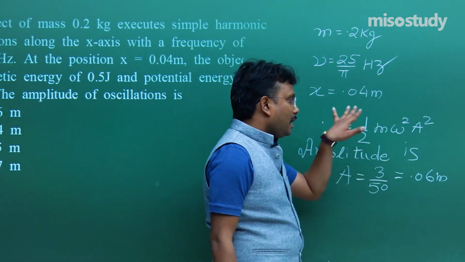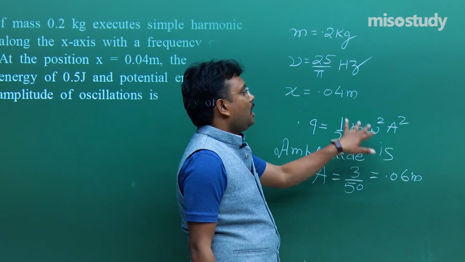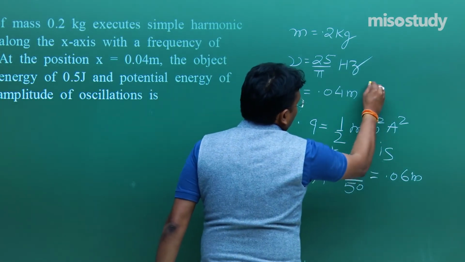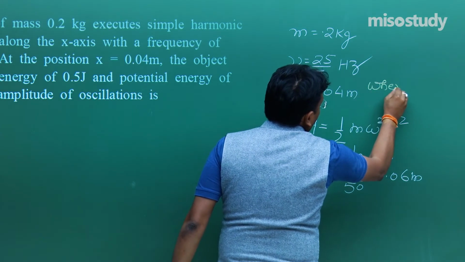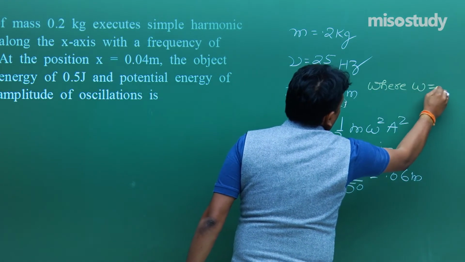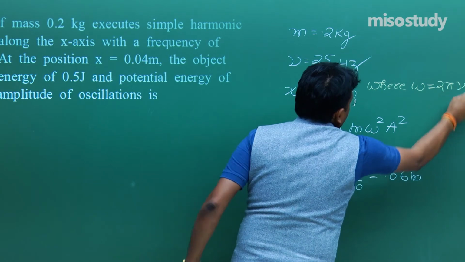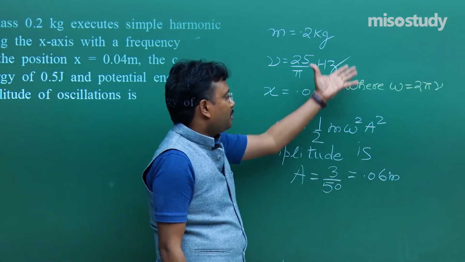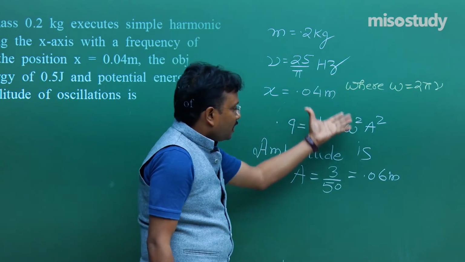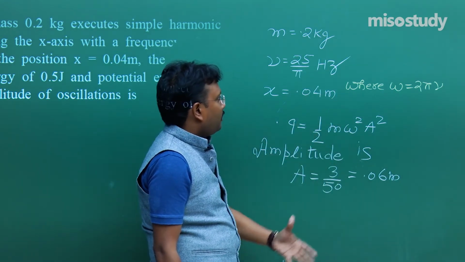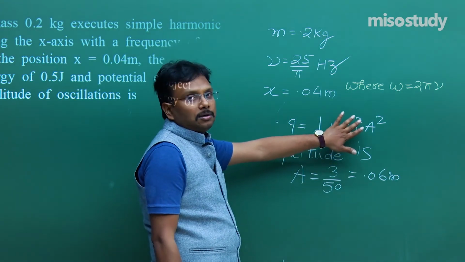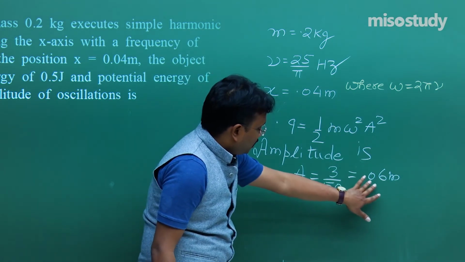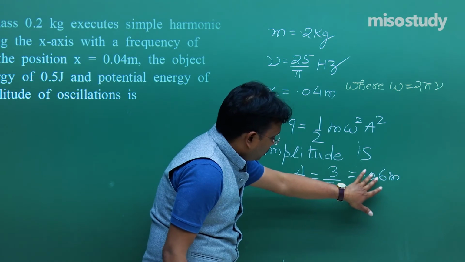Because I explained this formula, each and every term, I think I should mention at least this thing, where omega is equal to 2 pi nu. I am sure you know this, but just for the mention, we discussed this formula in this particular video itself. So now I am not going into that detail, I am directly writing the value of the amplitude, that is 0.06 meter.